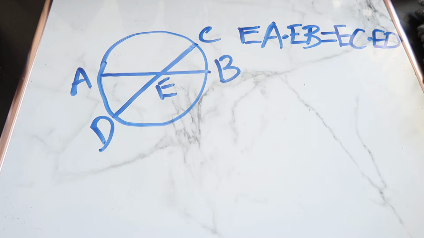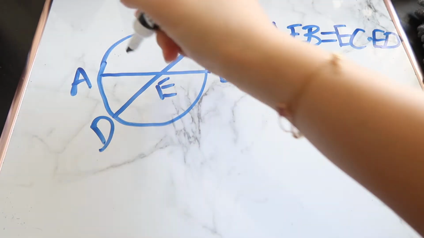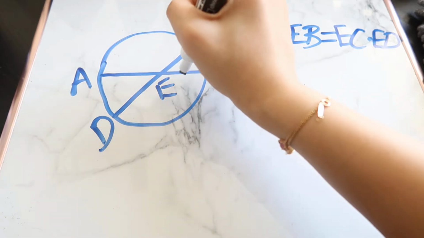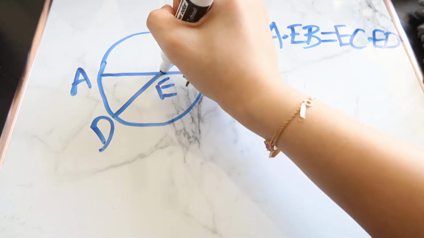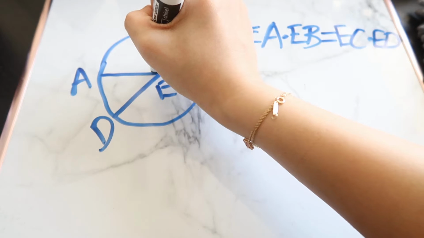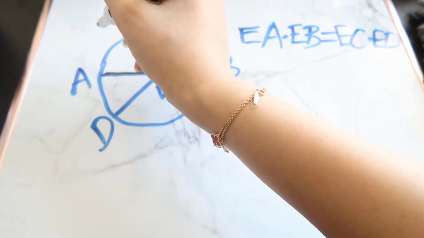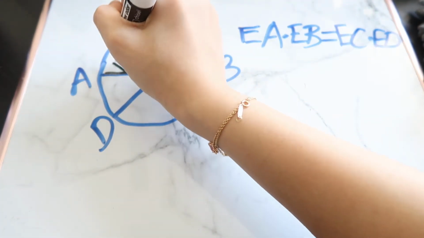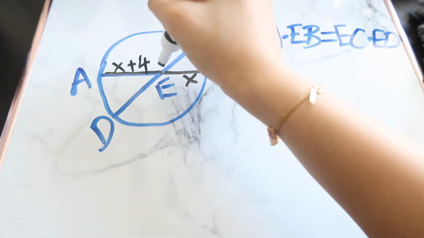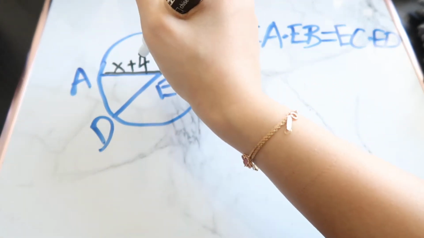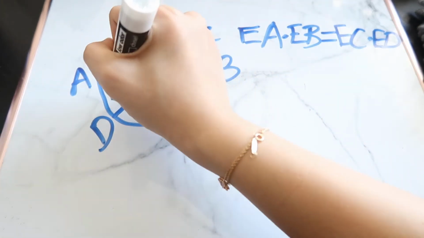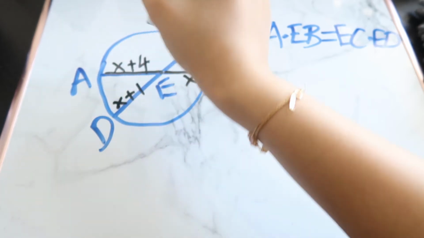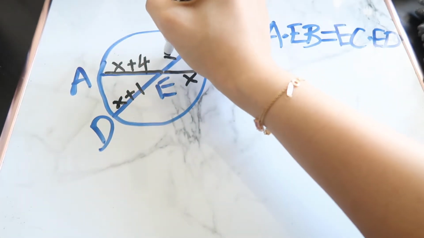So here we have this circle, and we can label this part as X, and the left part is X plus 4. Then this part we call X plus 1, and the top part, let's say it's X plus 2.